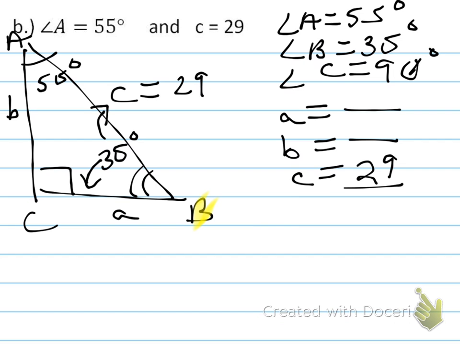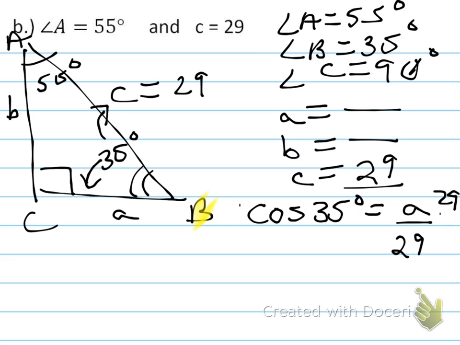So cosine of that 35 degrees is going to be the adjacent, A, which I don't know, divided by the hypotenuse, which is 29. If I want to get that A by itself, I'm going to multiply both sides by 29. That cancels out.